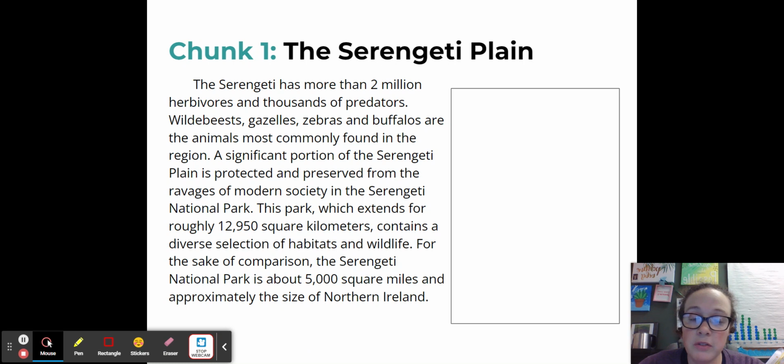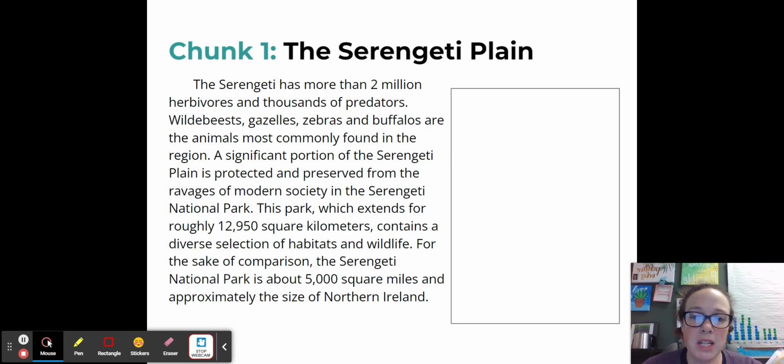As we look at the next set of data that we're using for investigation 2, we have a 5-paragraph section of text. And we're going to chunk that text up by looking at each paragraph and pulling out the main idea. So in chunk 1, we're talking about the diversity, the number of species, what the Serengeti is, and its overall size.